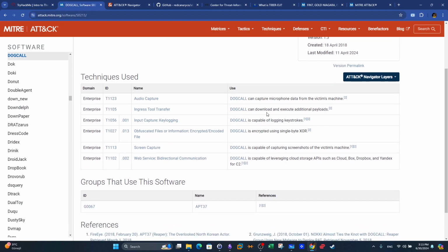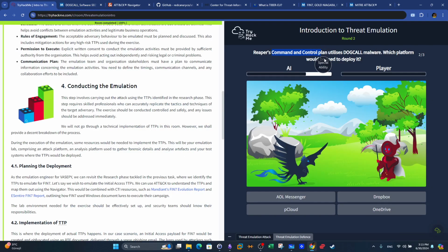So in the techniques used here, I'm going to select this web service, bidirectional communication. And in the use, it is stated that DOGCALL is capable of leveraging cloud storage APIs such as pCloud, Box, Dropbox, and Yandex. The one that fits the description here is Dropbox.